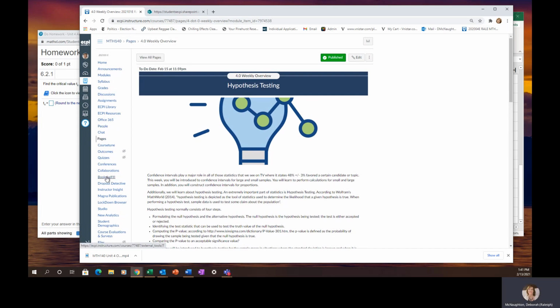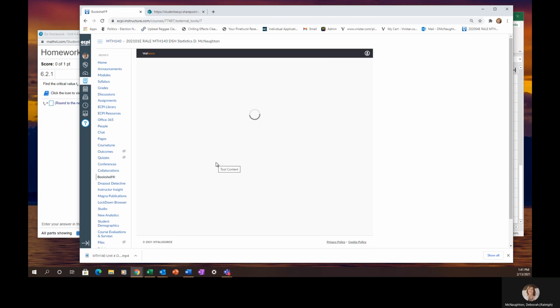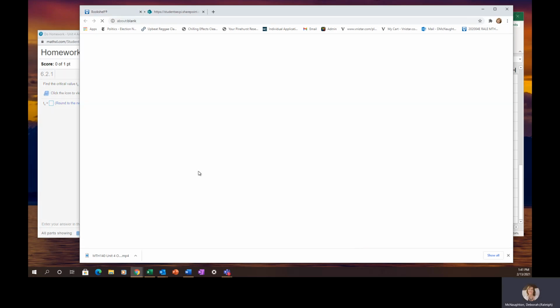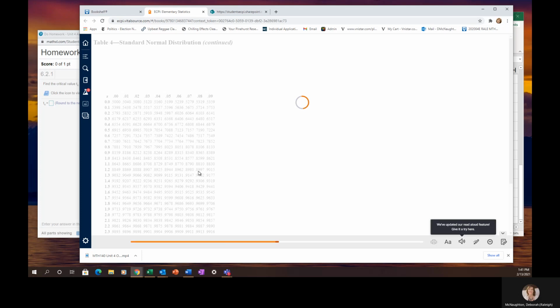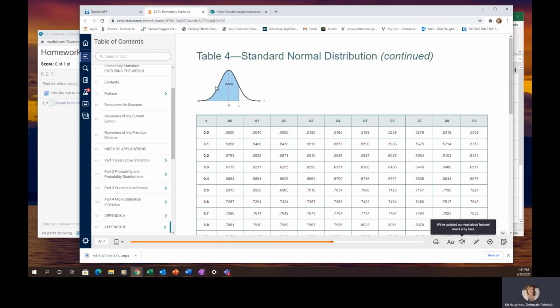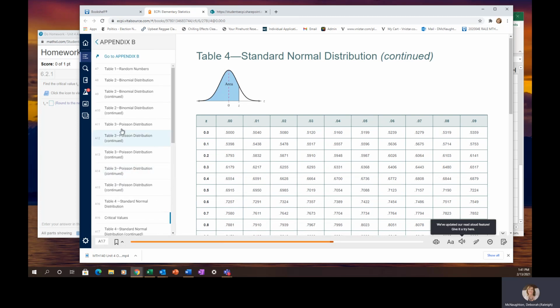So if we go into our ebook, okay, so table 4 is the standard normal table. Again, this is in Appendix B. So table 4 is the standard normal table.